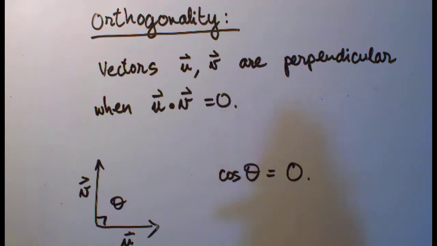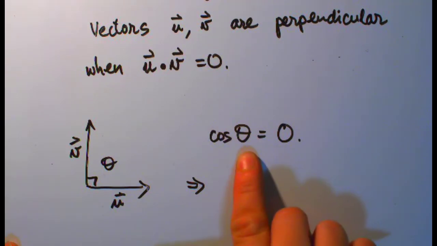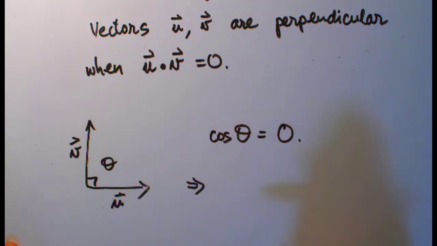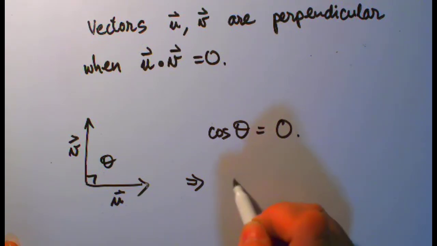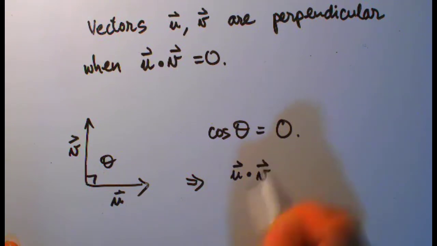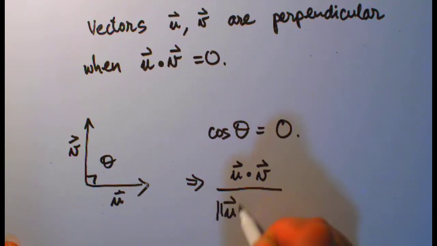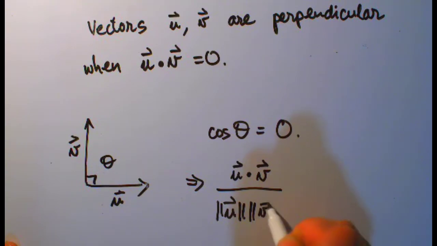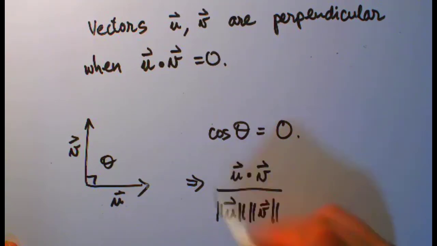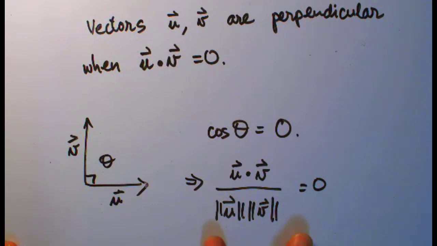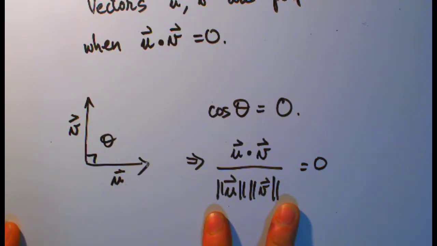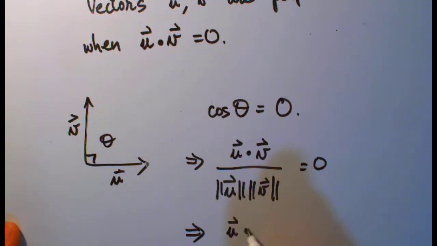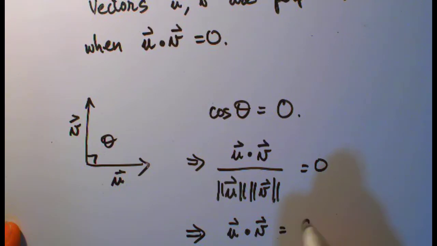Remember that we've learned cosine theta, as long as theta is the angle between these two vectors, equals u dot v divided by length u times length v. So that means all that expression here equals 0. The denominator of this expression cannot equal 0. It's always a positive quantity. So that immediately leads to u dot v having to equal 0.